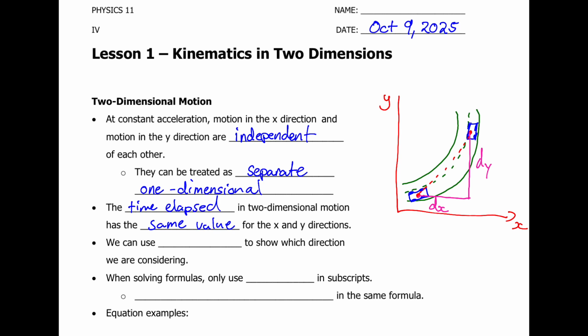We can see how far it goes in the Y direction. But the time it takes to go from here to here is the same for the X direction as it is for the Y direction. The time it took to go wherever it was going is the same whether I'm measuring the X components of anything or the Y components of everything. So this allows us to go between the two symbols, basically the two different axes with time. Time goes with both. And that's a super important thing to remember.